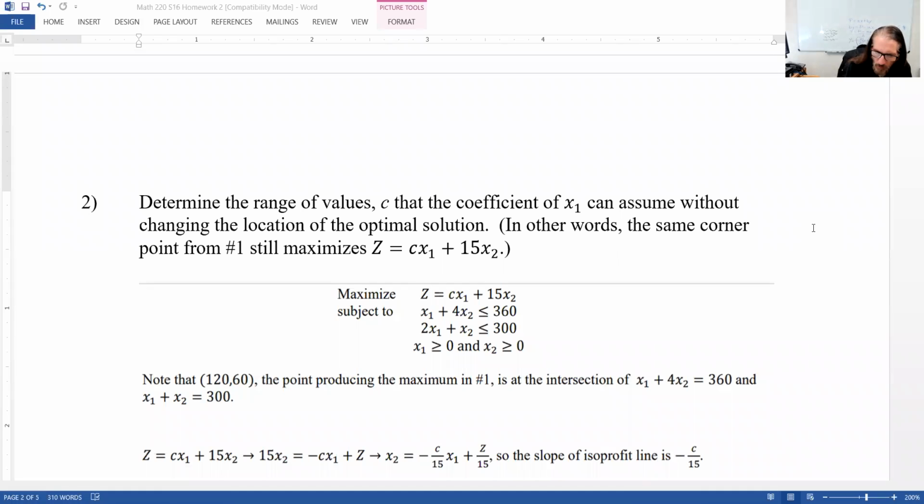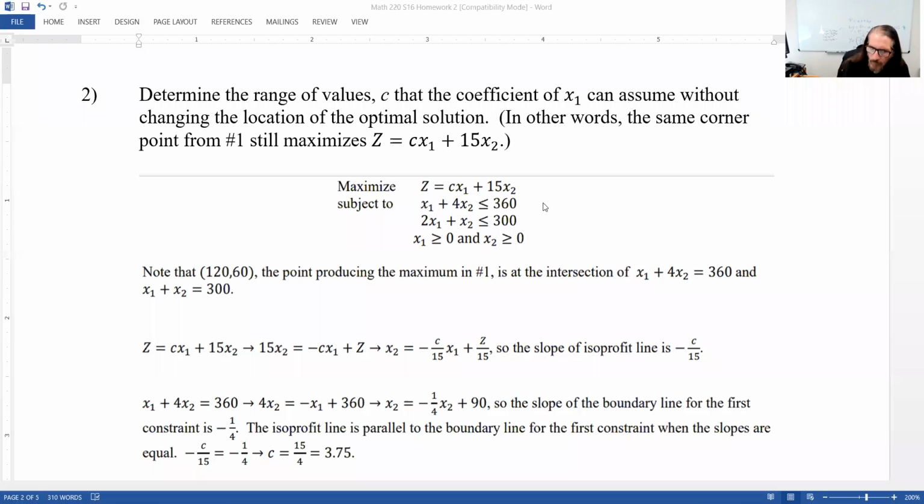Subtracting c x1 from both sides, and then dividing everything by the coefficient of y, i.e. the coefficient of x sub 2, which is 15, we see that the slope of the isoprofit line is negative c over 15. Now I'm going to get the slopes of the two regular constraints. For the first one, its slope is negative 1/4.